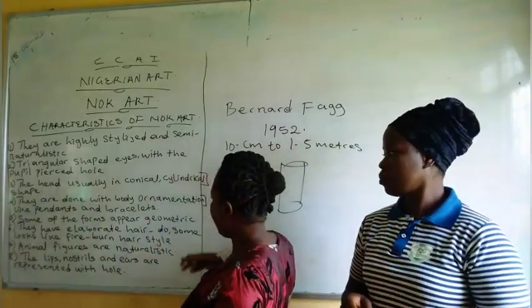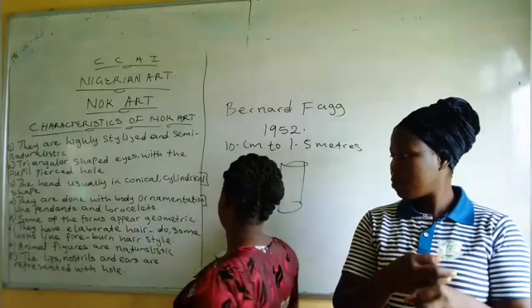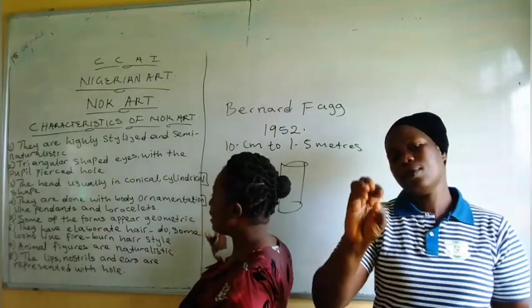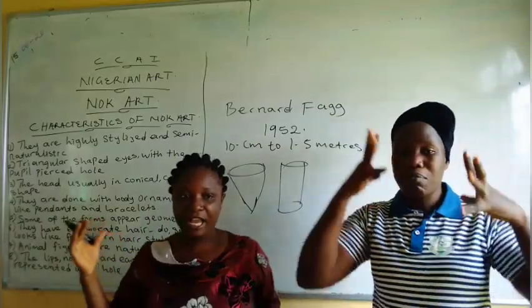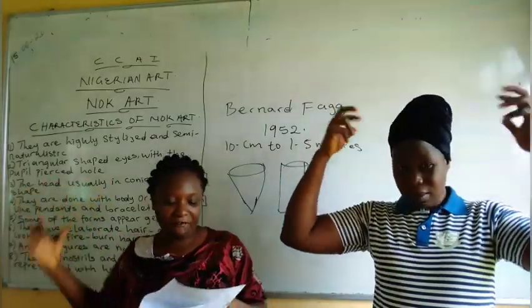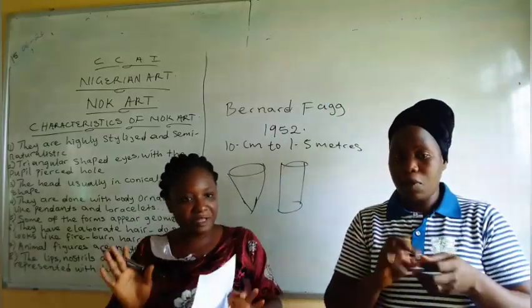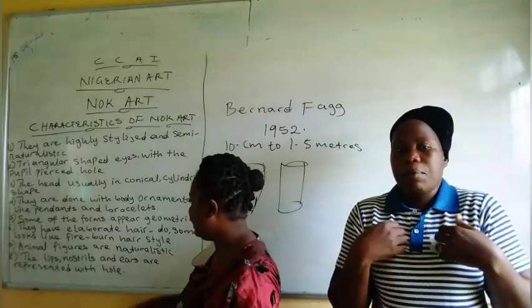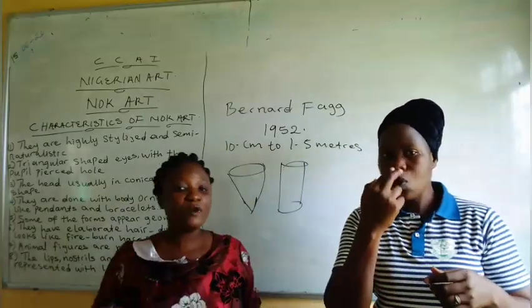Some of the forms appear geometric, in cylindrical form or in conical form. Then they have elaborate hairdo, very elaborate, very big. Then animal figures are naturalistic. The animal figures resemble real animals, and the lips, nostrils, and ears are represented with holes.